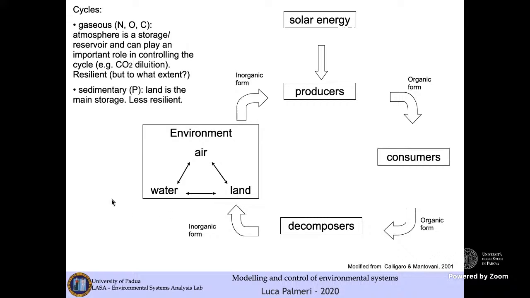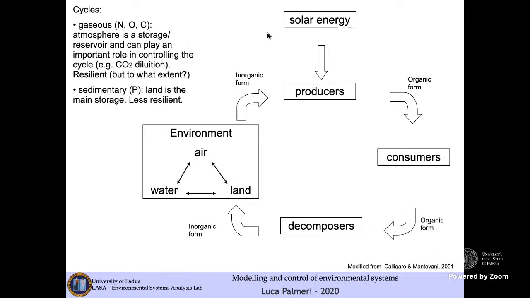In particular, we are interested in cycles of gaseous elements like nitrogen, oxygen, or carbon. What is the relevant form of gaseous carbon? Of course, it is CO2.